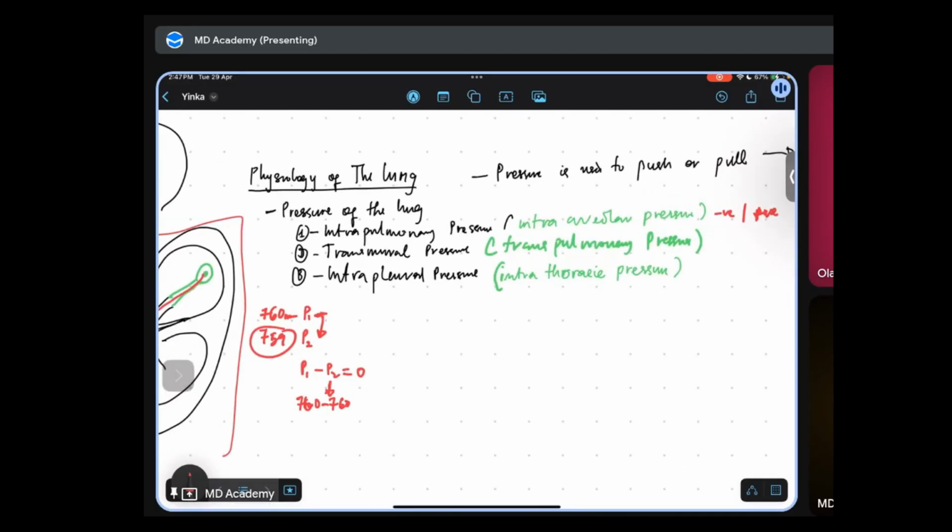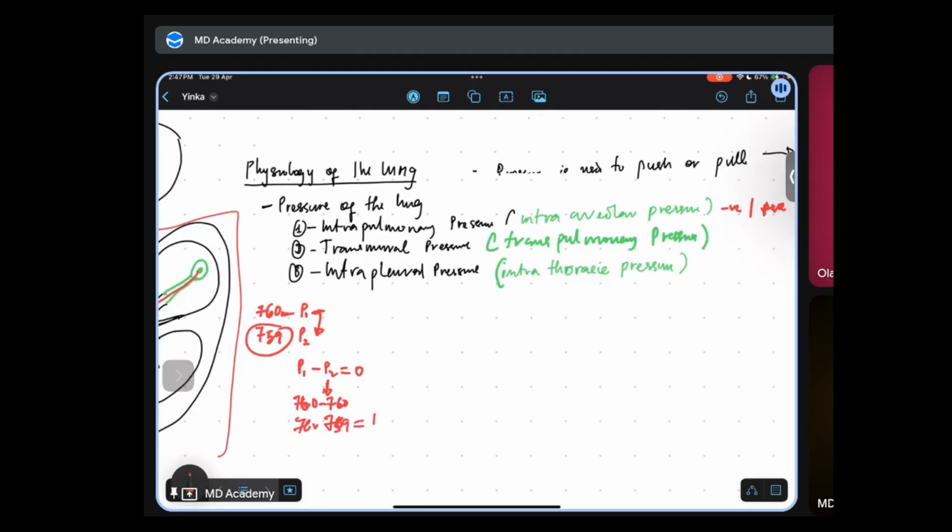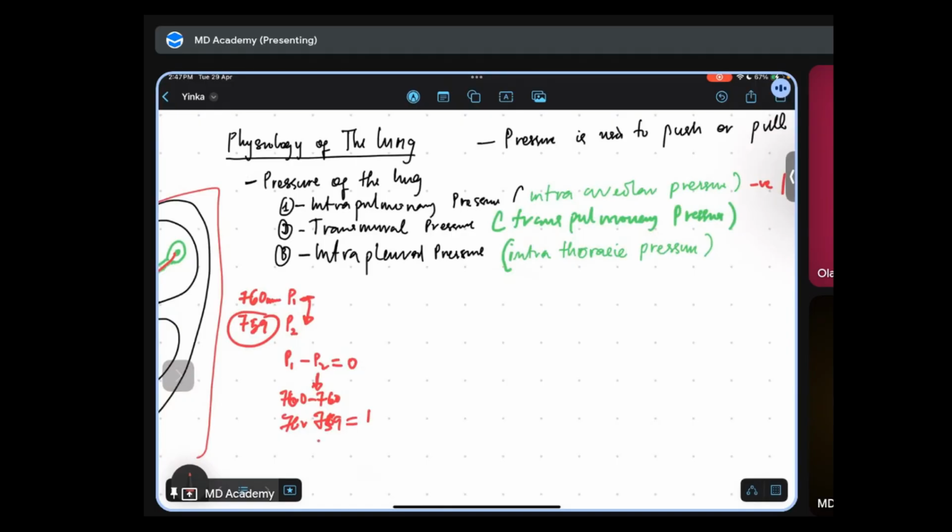So if the pressure in the lung drops to 759, then the difference will be 1. Hold on. The difference is 1, but it's a positive 1 here. This positive 1 is pushing air, so I would have to reverse this to make it consistent. So you're checking the pressure in the lungs, P2, and the pressure outside the lungs, P1.